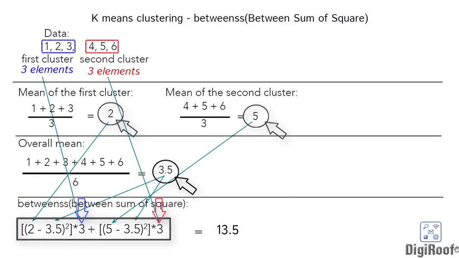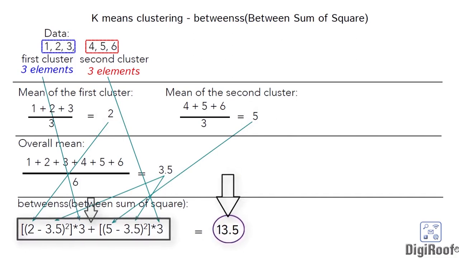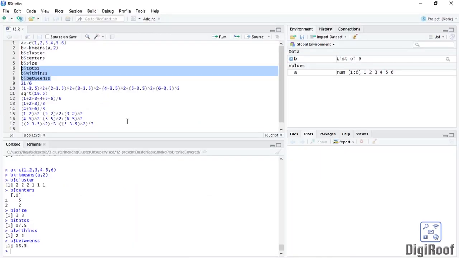We would then multiply each of these square differences with the number of elements in their respective cluster. Finally, we would add these two resulting values to arrive at between sum of square, which is 13.5. We will cover the significance of total, within and between sum of square in a later video.